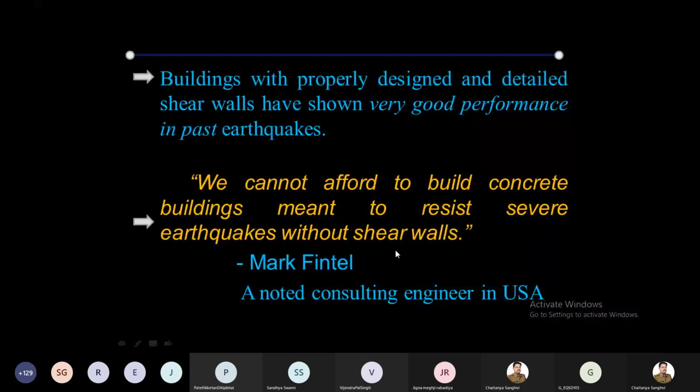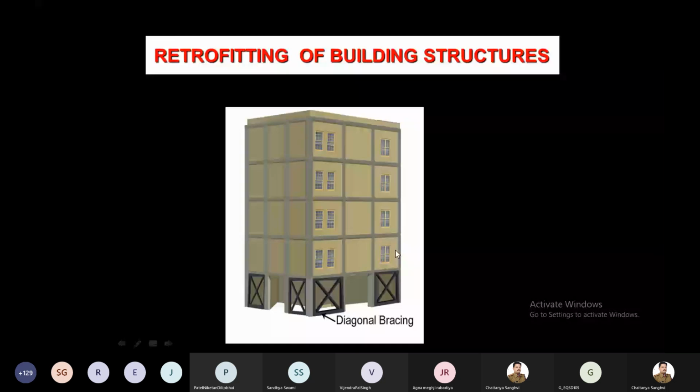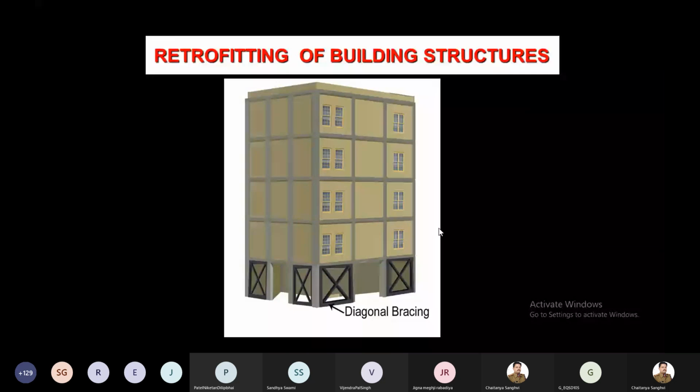Generally we provide shear walls for RCC structures, but when we are talking about steel structures, another option is also available, and that is bracing. Generally we provide the bracing here, and the purpose of the diagonal bracing is to increase the stiffness, right?